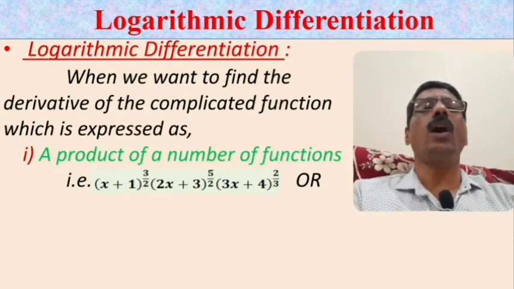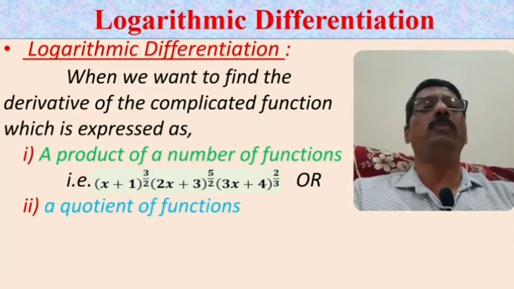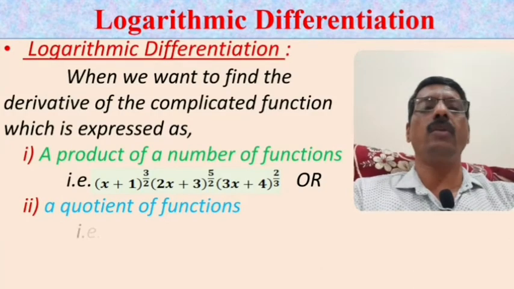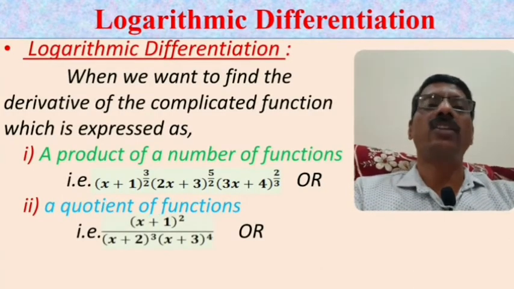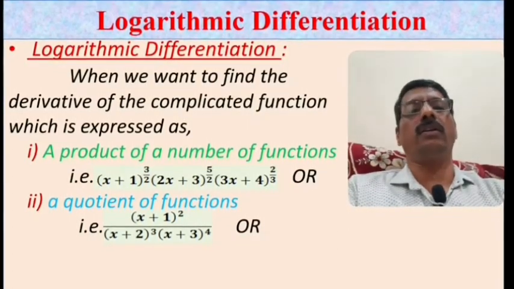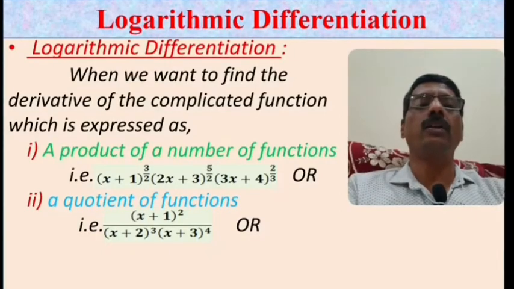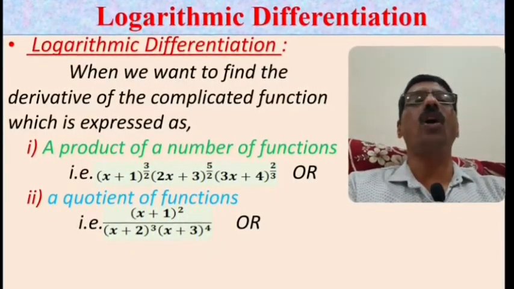Another case is when the given function is in the form of a quotient, that is, in the form of a fraction, with a numerator that is a function and a denominator that is another function. Then you have to use logarithmic differentiation.